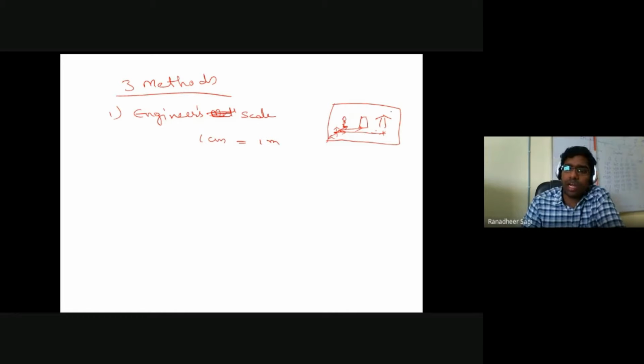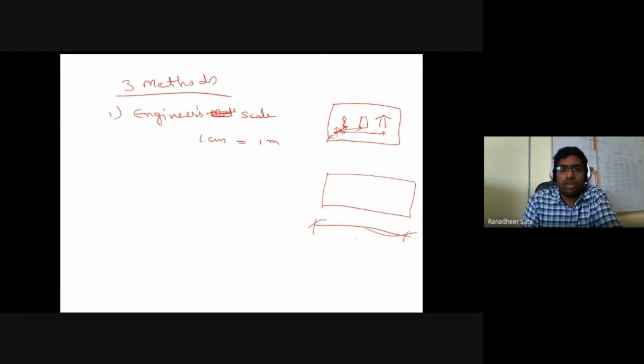Once you represent all that information in the form of a map, you have to scale it, because your building in the field might be, let's say, 30 meters in the width direction and 15 meters in the other direction. I have to transfer these 30 meters and 15 meters dimensions onto your map or plan.